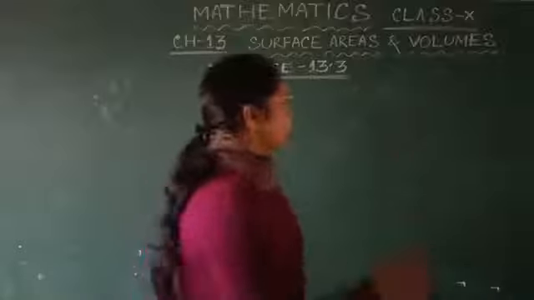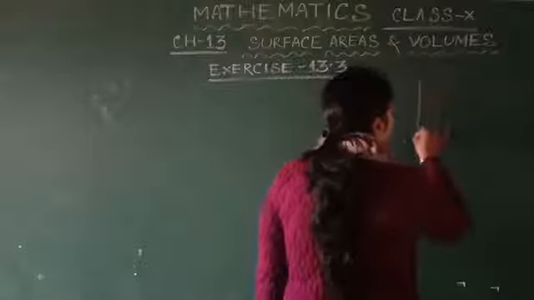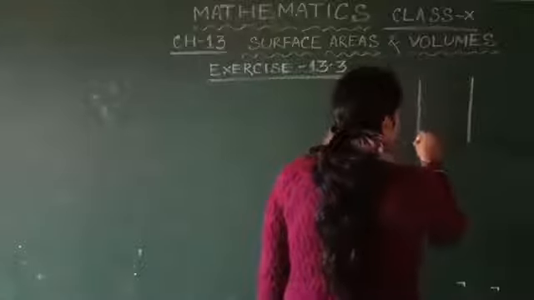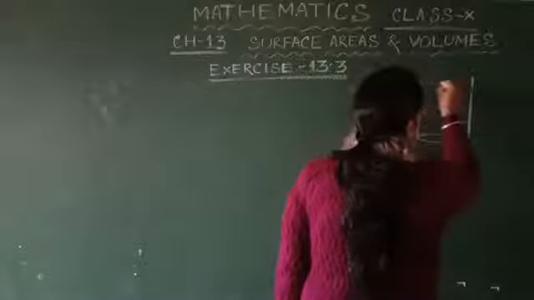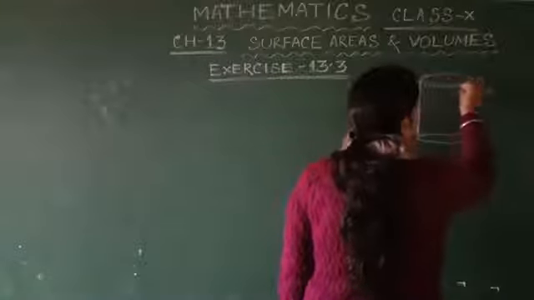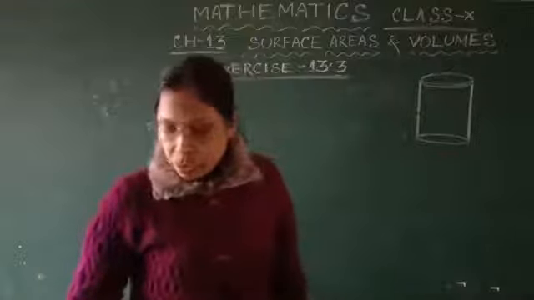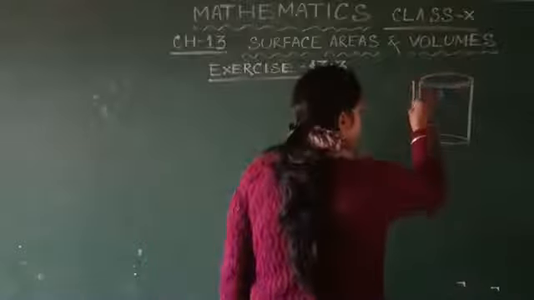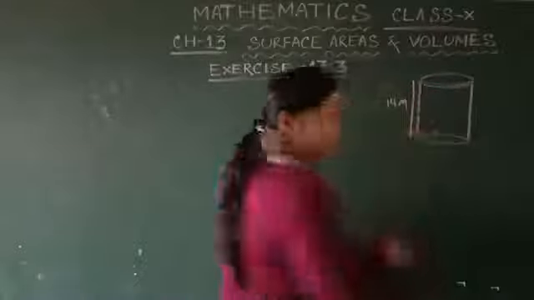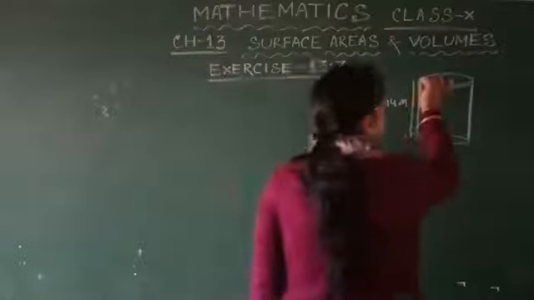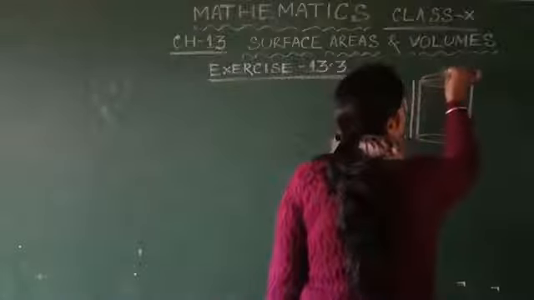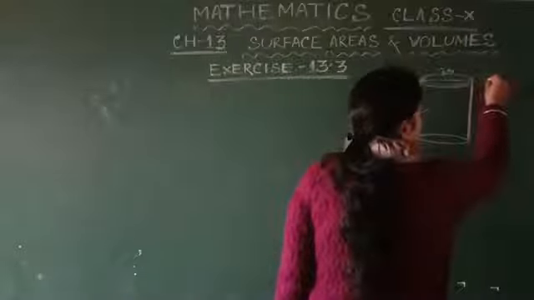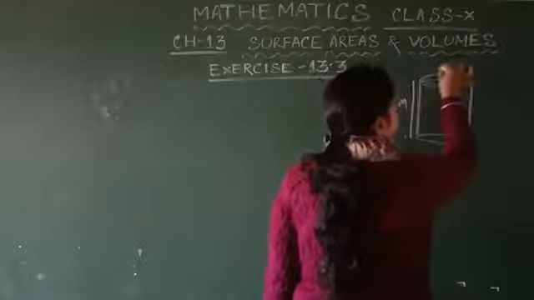Okay, so according to our question, a well is dug. The height or depth of this well is 14 meter, and the diameter is 3 meter.